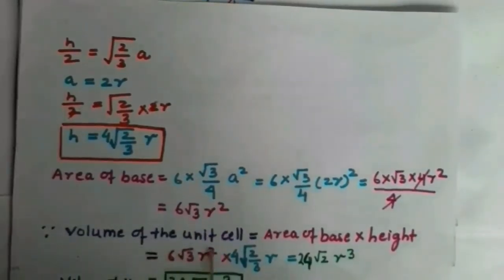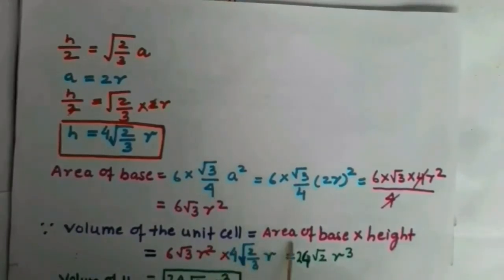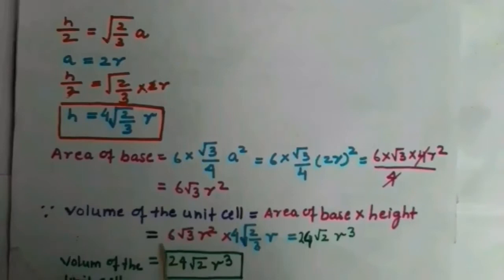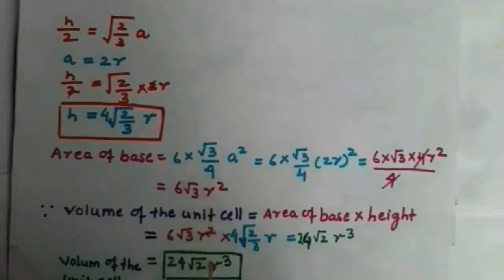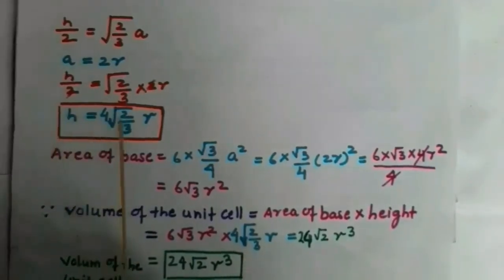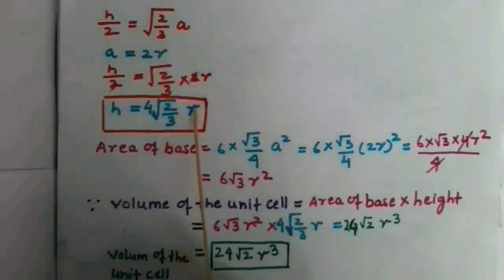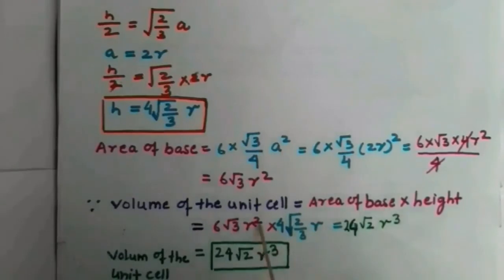Now volume of the unit cell is represented as the area of the base, that is the hexagon, multiplied by height, that is equal to 6 root 3 r square multiplied by 4 root 2 by 3 r. Here the height is obtained as 4 multiplied by root 2 by 3 r.